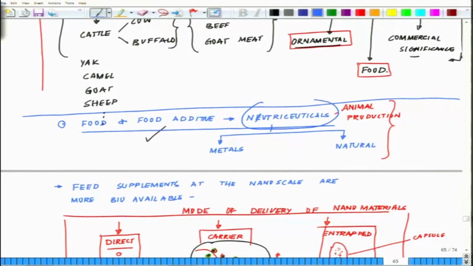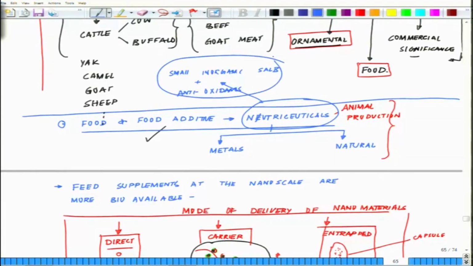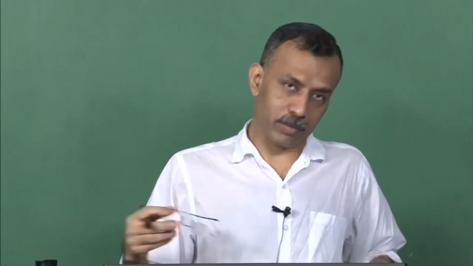So much of these nutraceuticals, what you will observe, are small inorganic salts plus a lot of antioxidants which are being given. Now, does it make sense to you why you needed to supplement a huge amount of antioxidant into the diet of the animals?